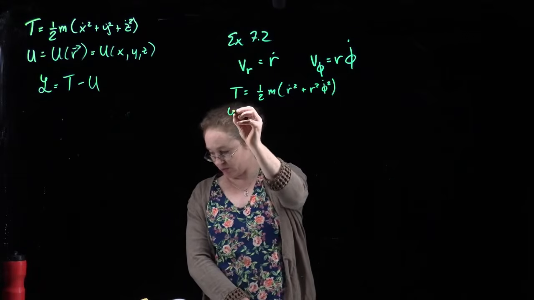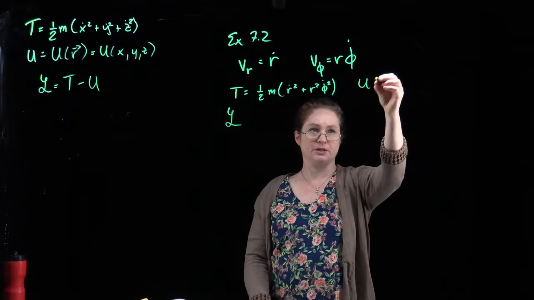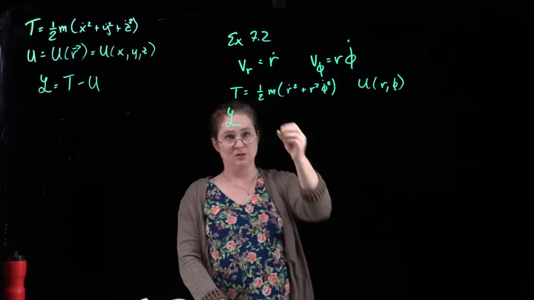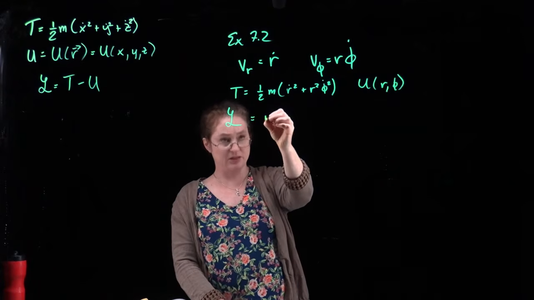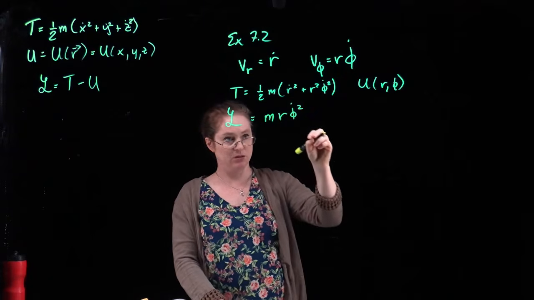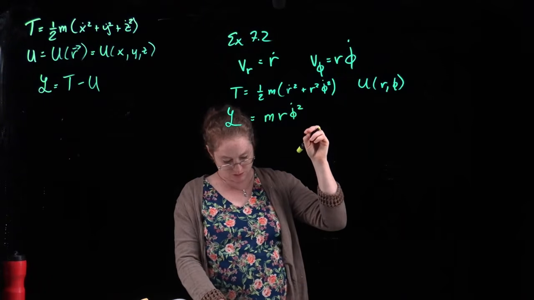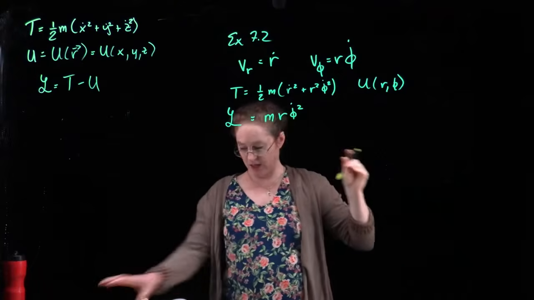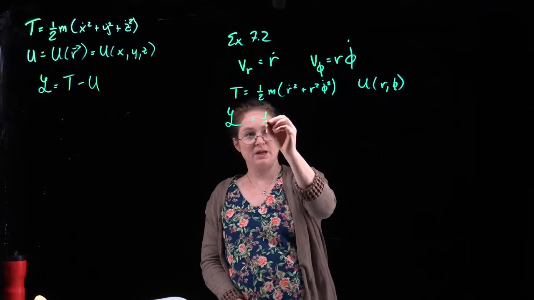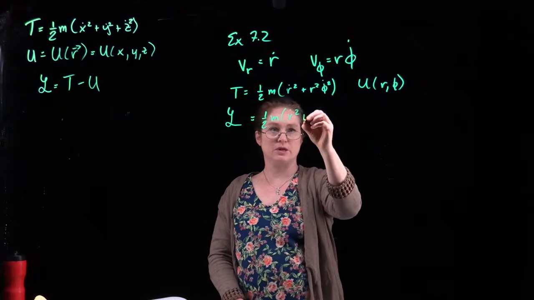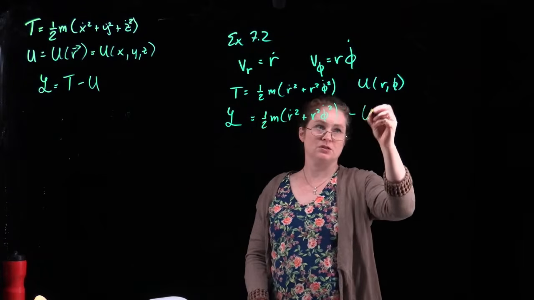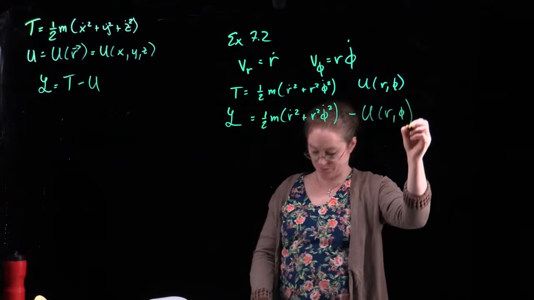And then for our Lagrangian, we are going to leave our potential energy as just a function of r and phi. Our Lagrangian is then 1/2 m (r dot squared plus r squared phi dot squared) minus U of r and phi.